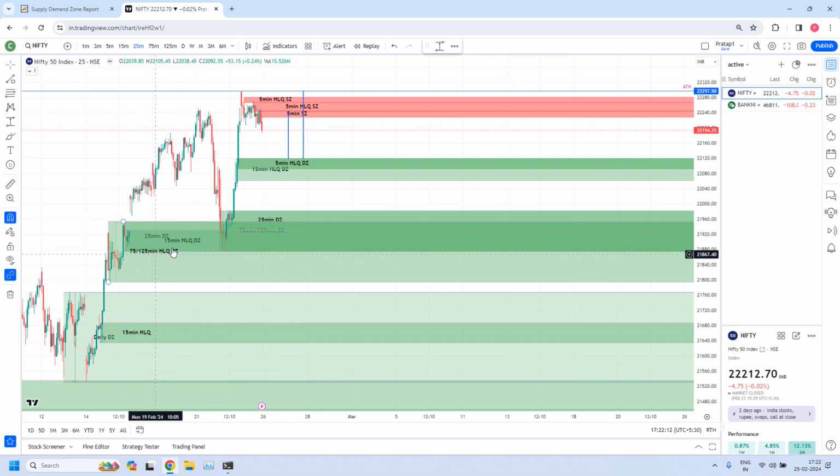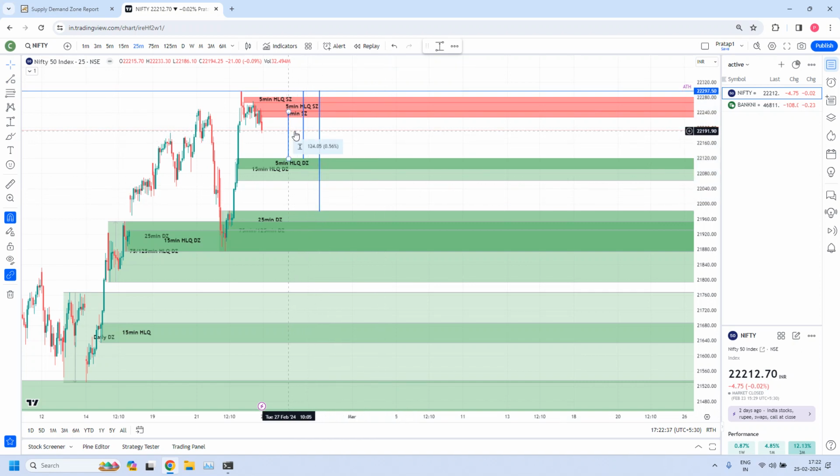But here a 75 minutes high liquidity zone is there. That's why for 25 minutes also you have to take the immediately available 75 minutes high liquidity. So probably we can say this is the range for 25 minutes during the next week.